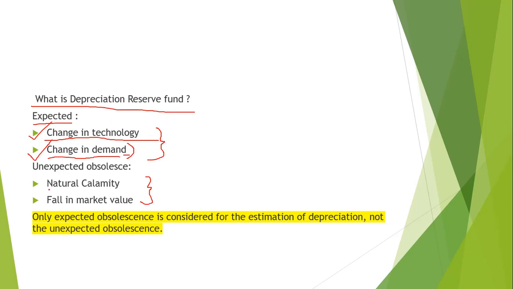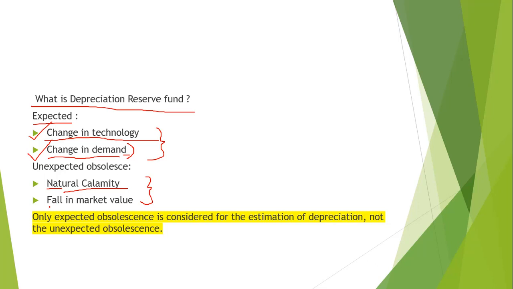All of a sudden an earthquake happens, and your goods or your machine is destroyed, or a scratch falls on the machinery due to a mistake, causing damage. So due to these kinds of unexpected events, the depreciation reserve fund is kept.